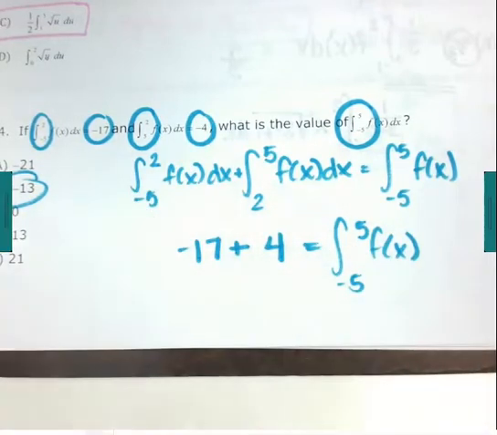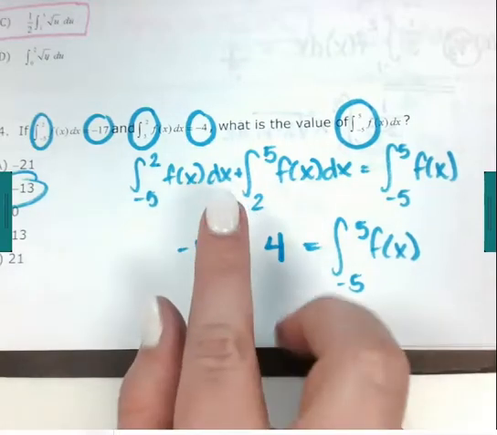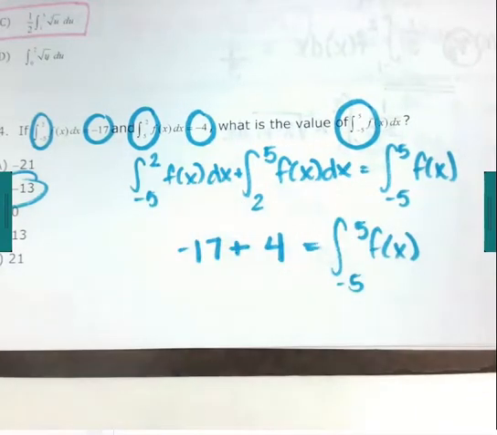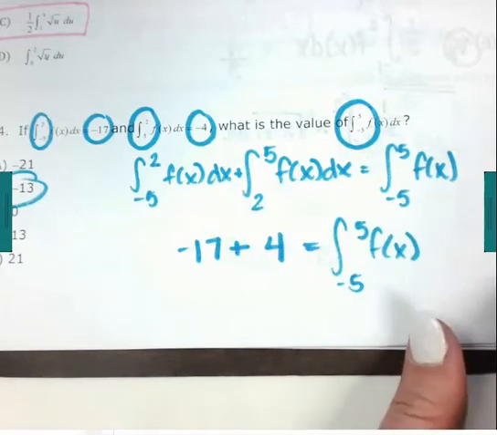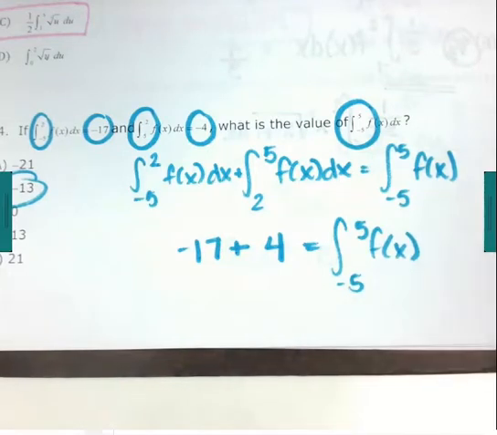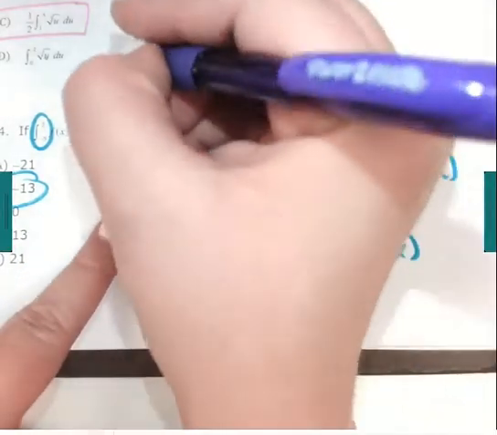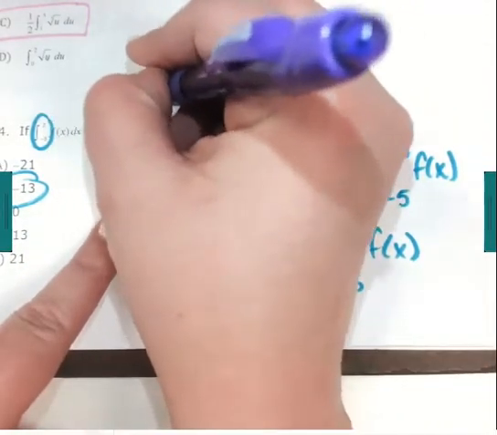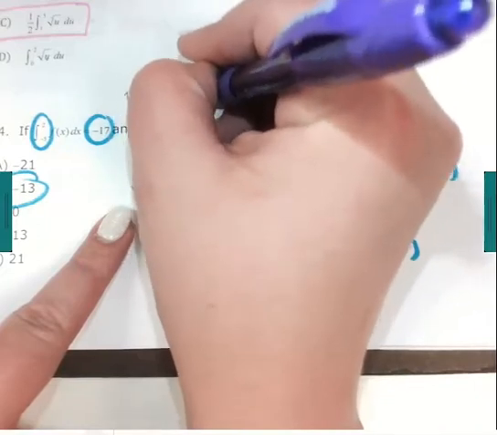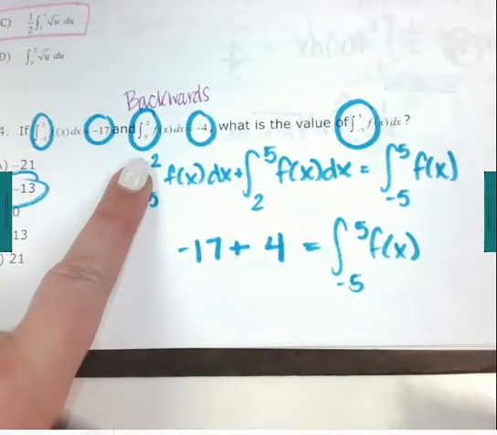They'll do stuff like that on the AP test. What I would do is start with this rule, then look for what you don't know, and then solve for that. The 4 is positive because they gave you 5 to 2, and that is backwards. So if they give you a backwards integral, you have to change the sign.